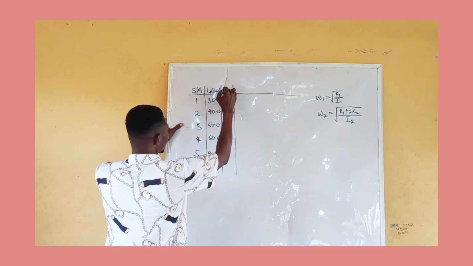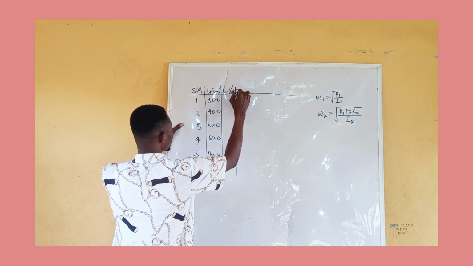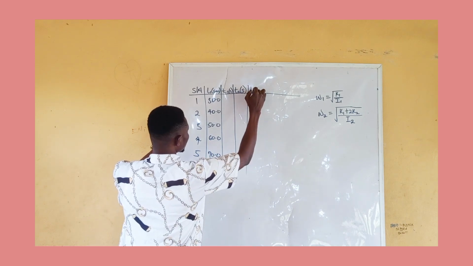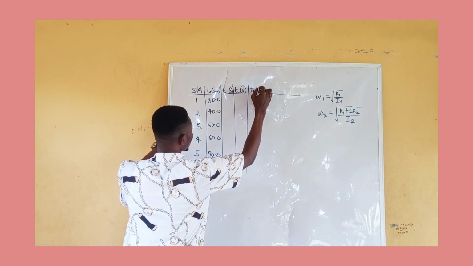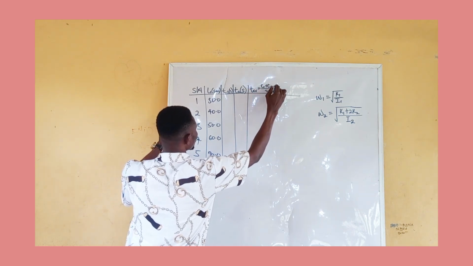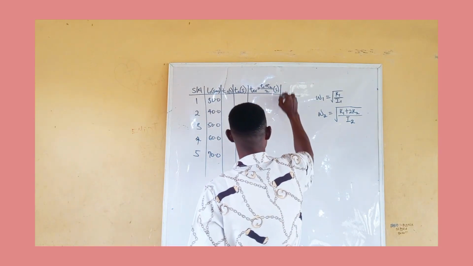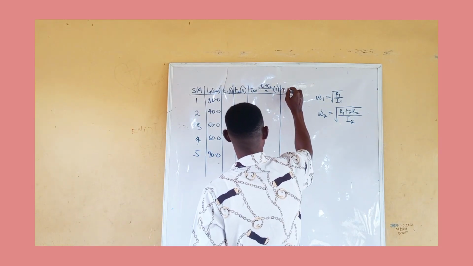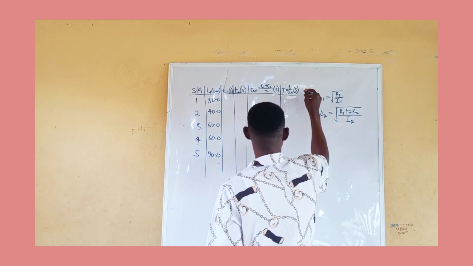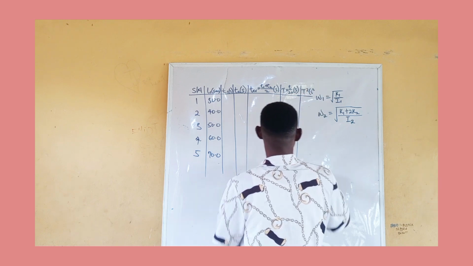Then I have time t1 in seconds, time t2 in seconds, and t average, which is t1 plus t2 all over 2, still in seconds. The table continues. I have period T, which is equal to small t all over 20, since it's 20 oscillations. Then lastly, T squared in seconds squared.